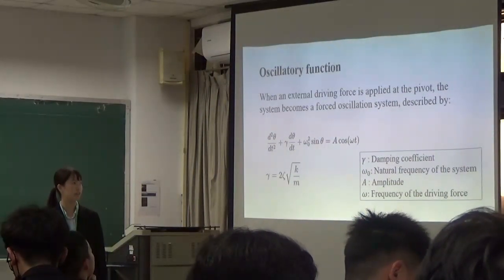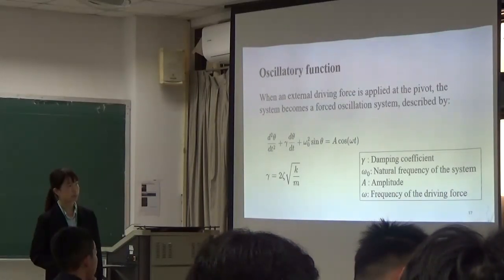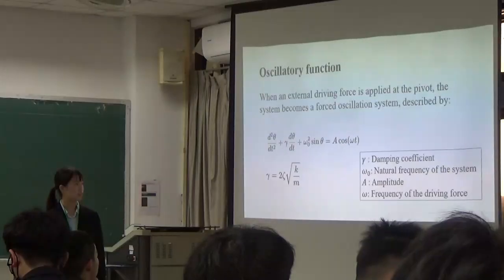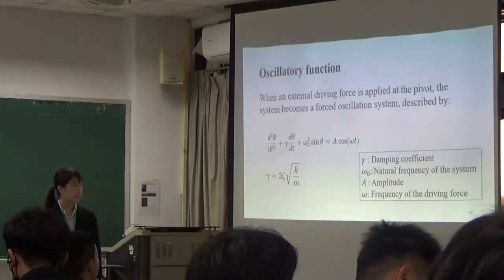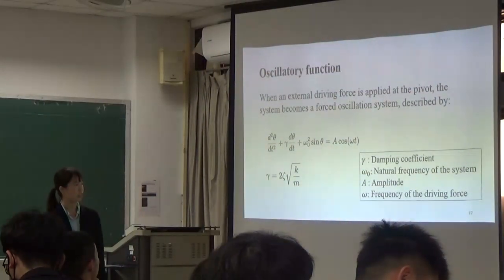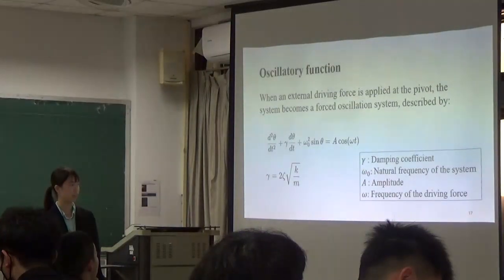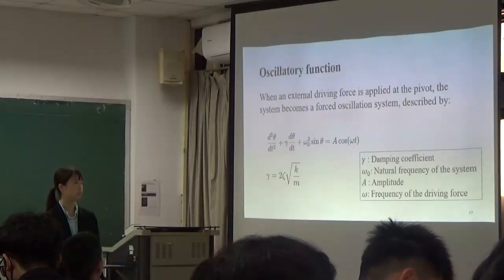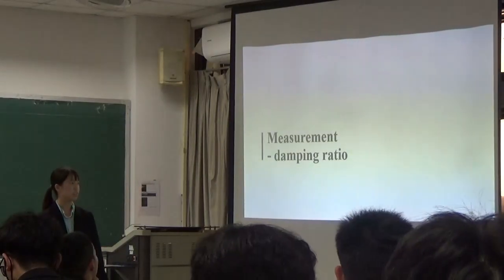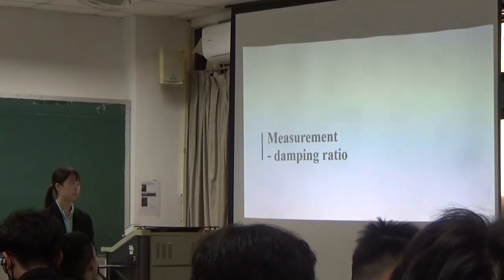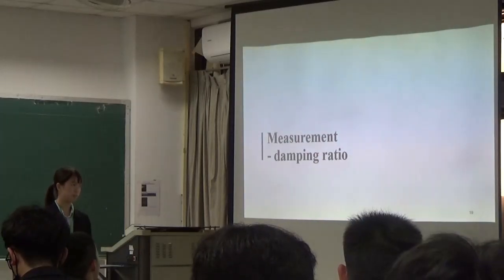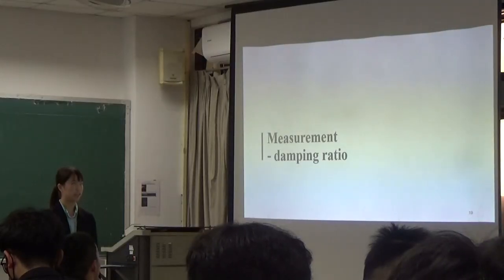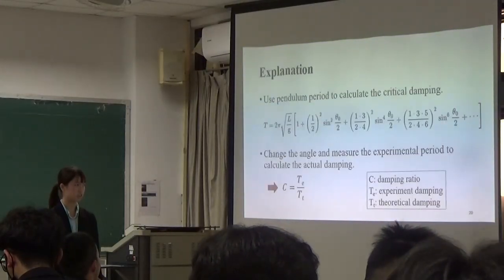When an external driving force is applied to the pivot, the system becomes a forced oscillation system expressed by this function. We have used this function to make a simulation so we can see the relation between time and angle. First is the measurement of damping ratio. Because of the damping ratio, we can use this parameter to model the oscillatory function.